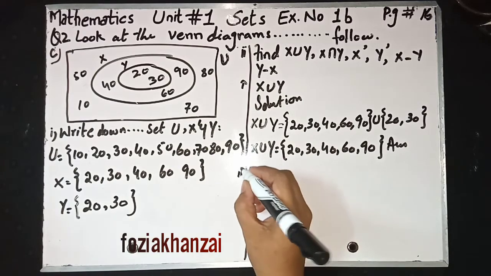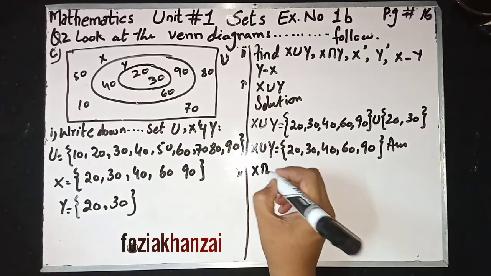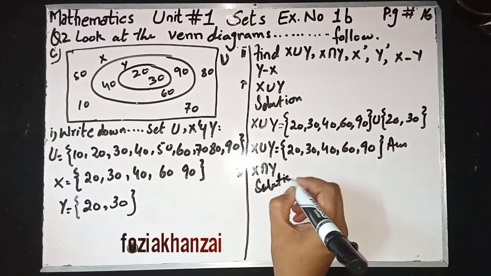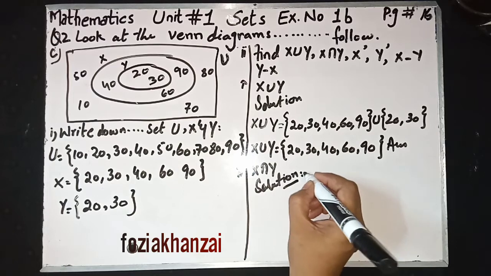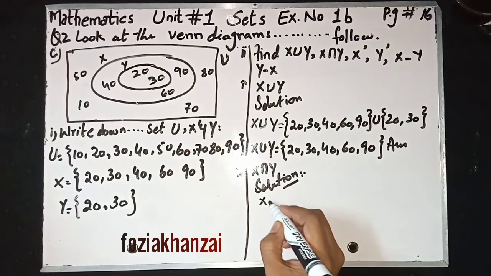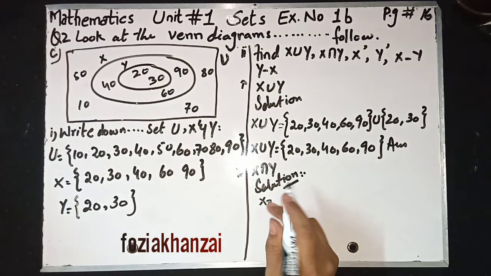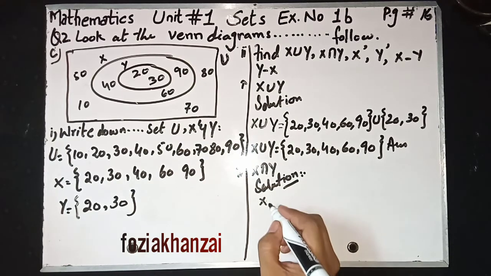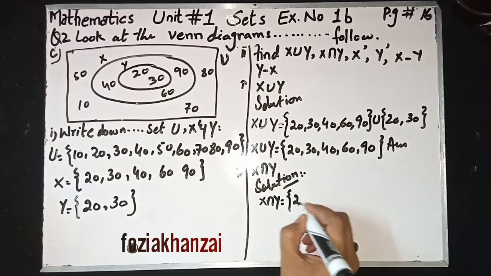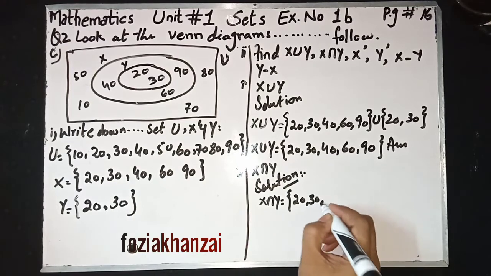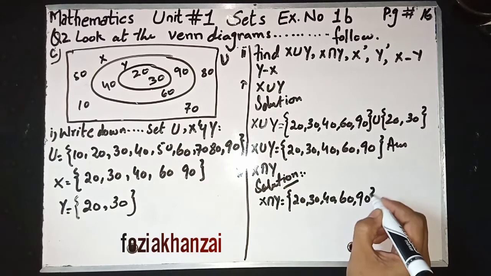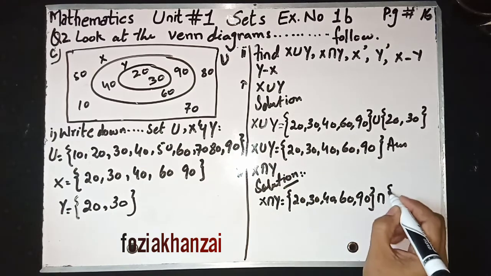Now second part, X intersection Y. The method to find the intersection: we just take out the common elements between them. So first copy the elements of set X, X intersection Y. Elements of set X: 20, 30, 40, 60 and 90, bracket close, intersection sign.